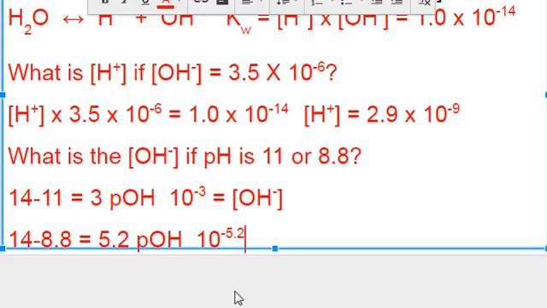So I have to go ahead and carry this out. So when I punch it in, 10 to the minus 5.2, that's 6.3 times 10 to the minus sixth. And that would be my OH concentration.